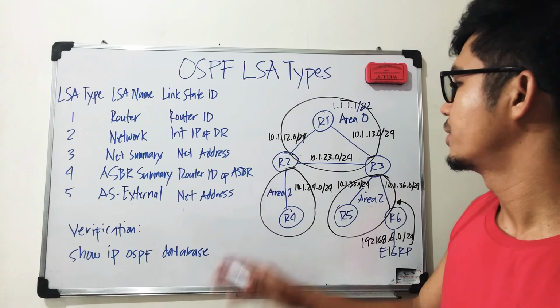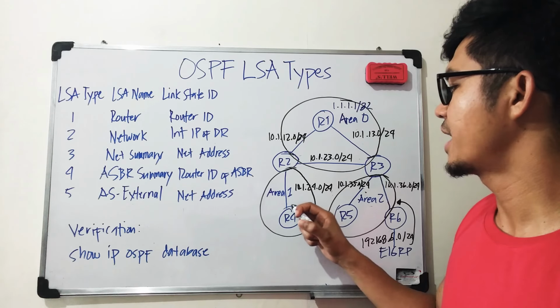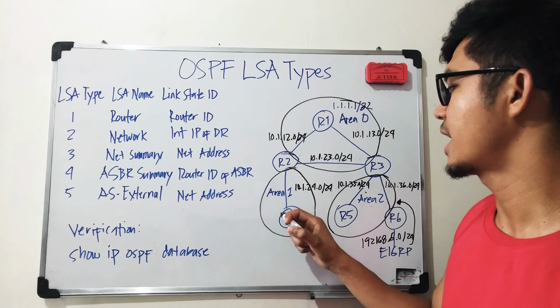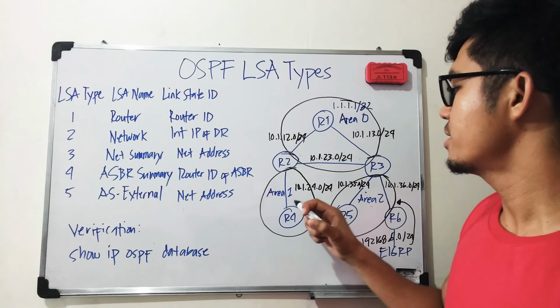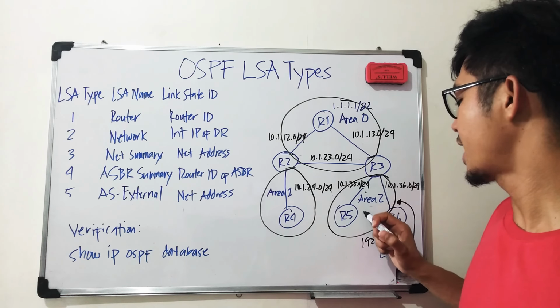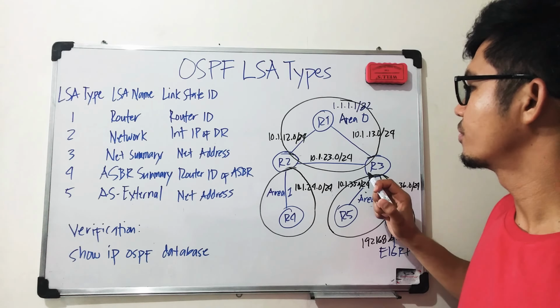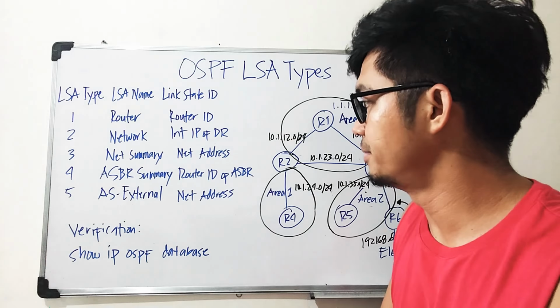So R2 will advertise the network inside area 1, and R3 will advertise the network inside area 2.